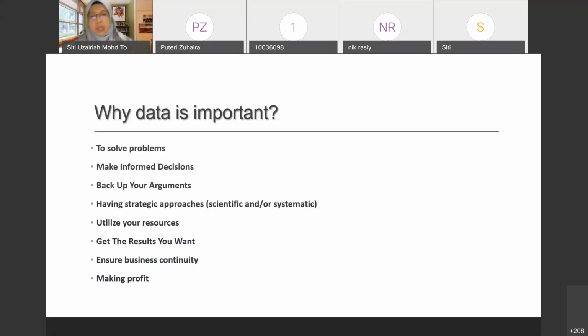You have those statistics to help you predict and plan for the future. It also helps you to utilize your organizational resources. And as well, having data, you can make use of a strategic approach, either scientific or systematic.